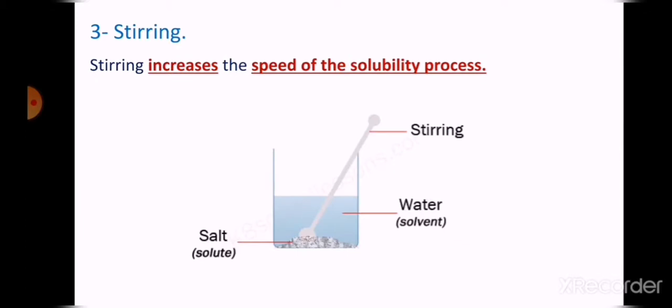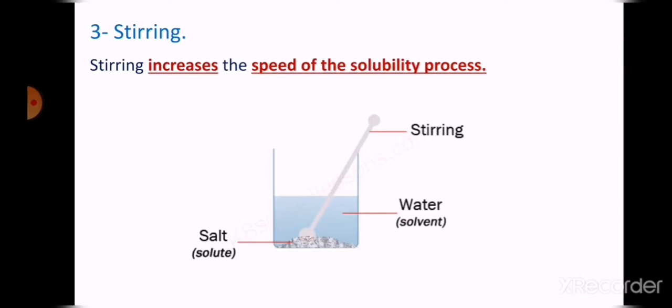Number 3, the stirring. If I have 2 cups of water, the same amount of water and the same amount of sugar, but one of them I leave without stirring and another one I stir, you can observe that in the case of stirring, the sugar takes a short time to dissolve.